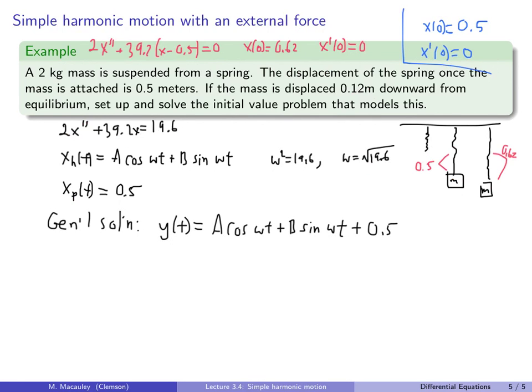So let's use our initial conditions. This one is typically simpler because we don't have to take a derivative first. So it probably shouldn't matter which one we do first.